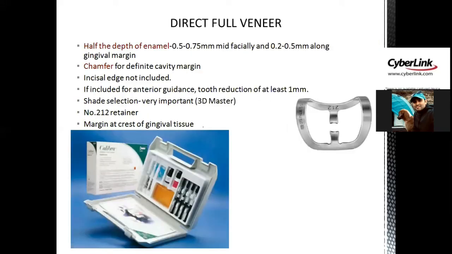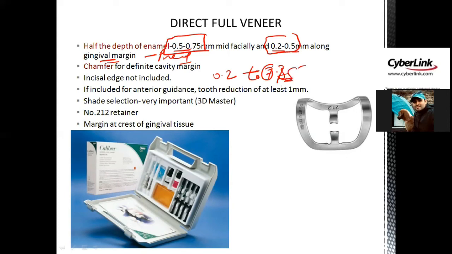Direct full veneer: half of the depth of the enamel, 0.5 to 0.75 mid facial and 0.2 to 0.5 along the gingival margin should be prepared. So just remember this. So the range starts from 0.2 to 0.75, right?